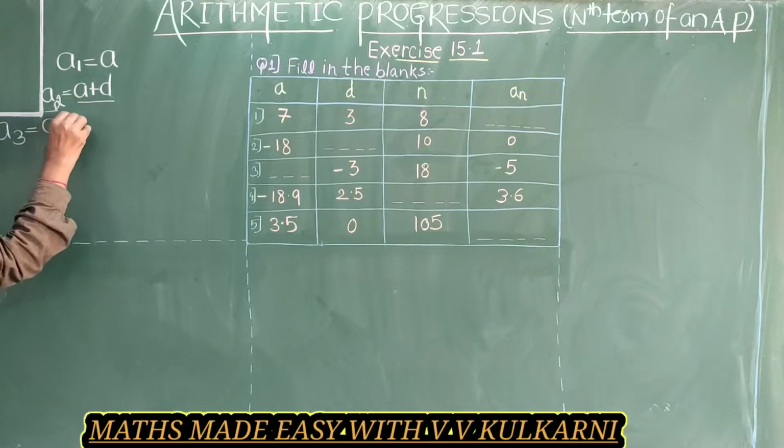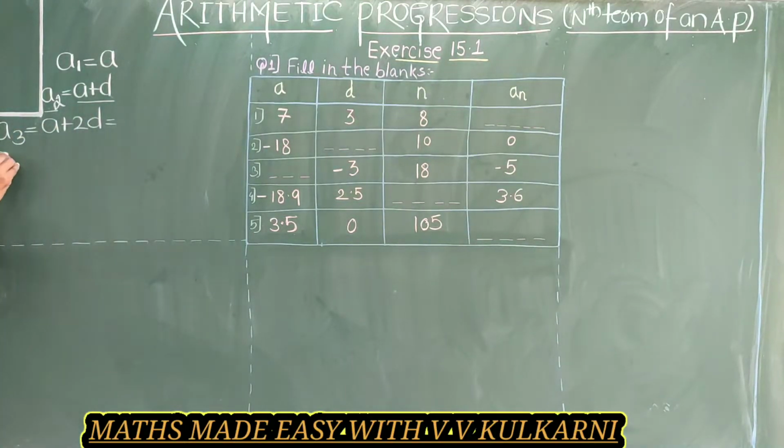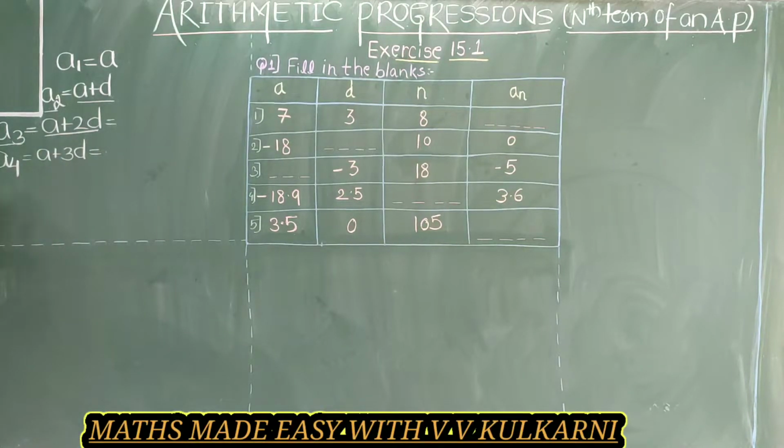That means A plus 2D. If I ask you what is the fourth term, you will say, sir, third term is A plus 2D, and if I add one more D, it will become A plus 3D. Very fine. If I keep on writing like this, let us see what is the result.